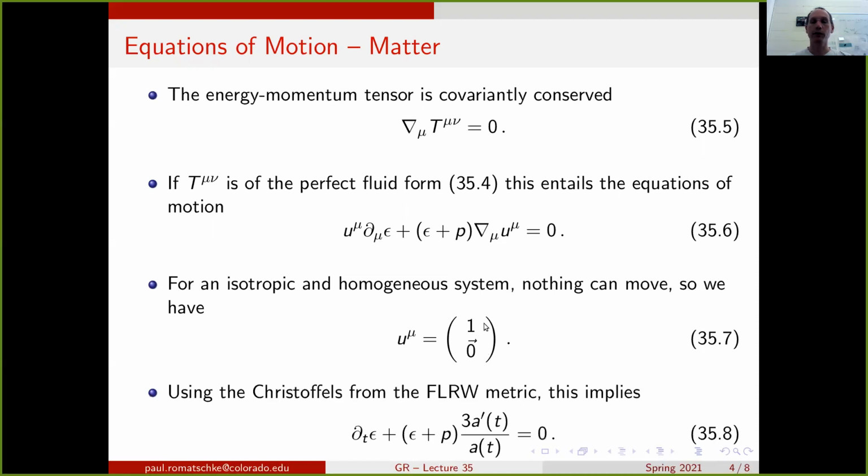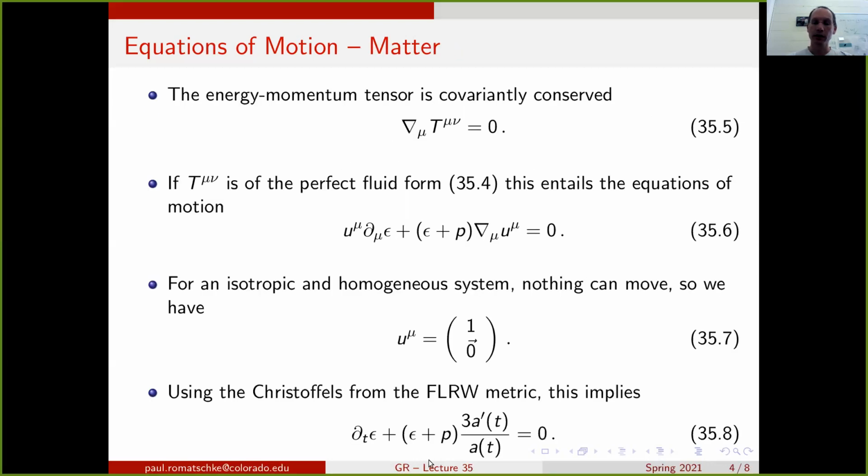In particular, if we plug this into equation 35.6 and we use the FLRW metric to calculate the Christoffel symbols that come from this covariant derivative of the fluid velocity, the matter equation boils down to equation 35.8. It's a first order ordinary differential equation in the energy, and it will need an equation of state, meaning a relation between the pressure and the energy density, as an input.